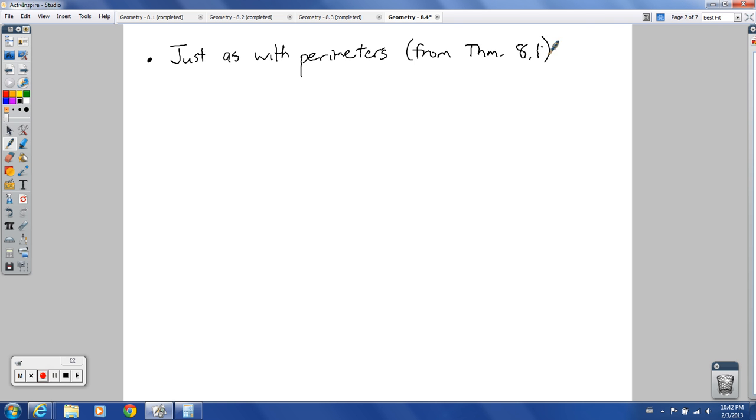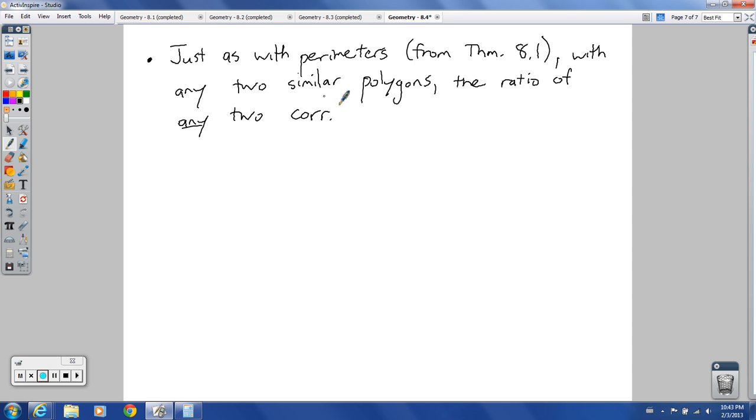And so just as with perimeters, you can also say this with any two similar polygons, the ratio of any two corresponding lengths, e.g., for example, altitudes, which would be heights, another word for heights.